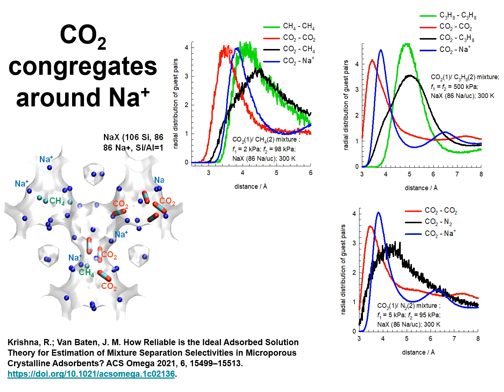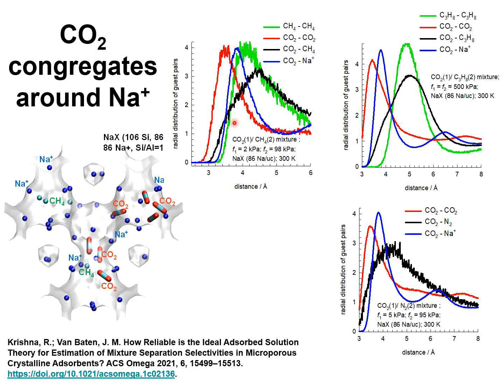We note that the maximum in the CO2 paired distances is quite close to the maximum in the distances between CO2 and the extra framework cation. This implies that CO2 is located close to the extra framework cations, or congregates around the sodium cations.